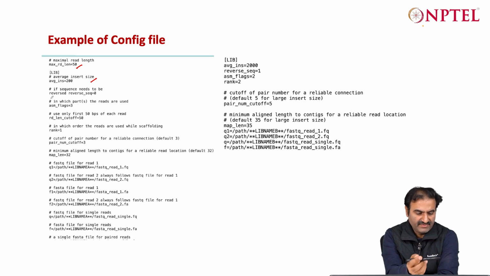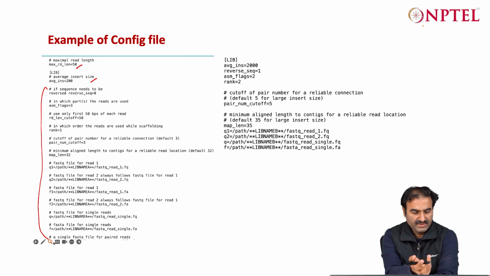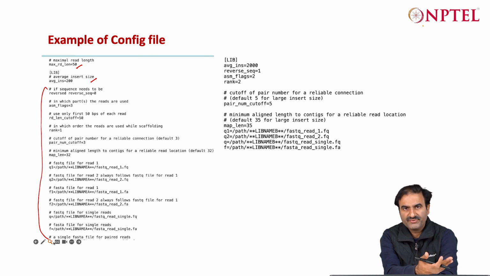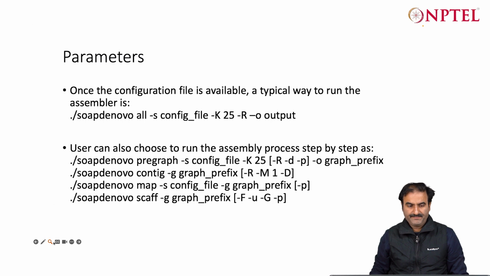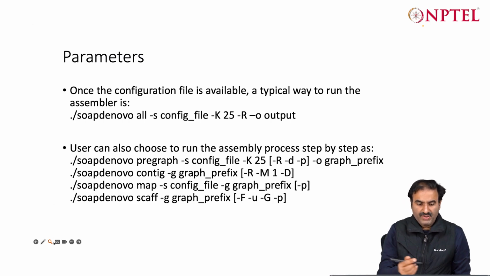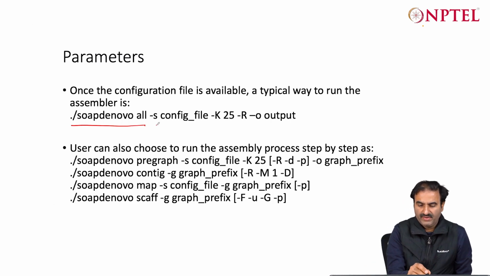And the other parameters that are required to run this program. Basically you may keep the other options at default, because generally the defaults are optimized to run best, right? So this is the config file, the K-mer size and the output.